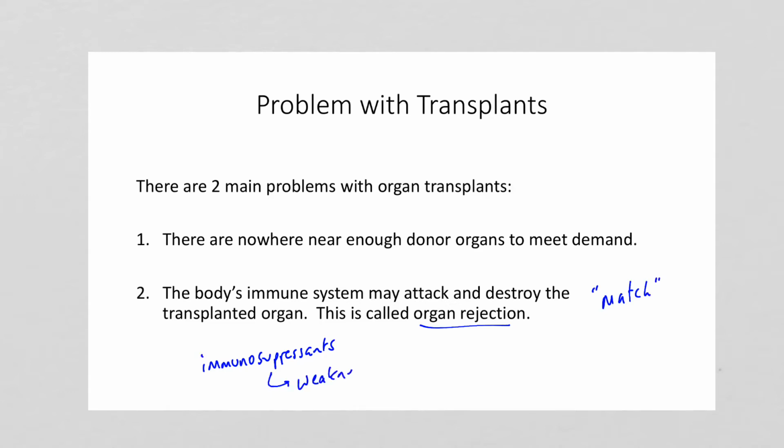So somebody who gets an organ transplant, great, to potentially save their life, but they're going to need to take these drugs that actually make their immune system weaker, which means that they're much more susceptible to catching other diseases because their immune system is not strong enough to fight it off. And you learn more about how the immune system works in Unit B3.